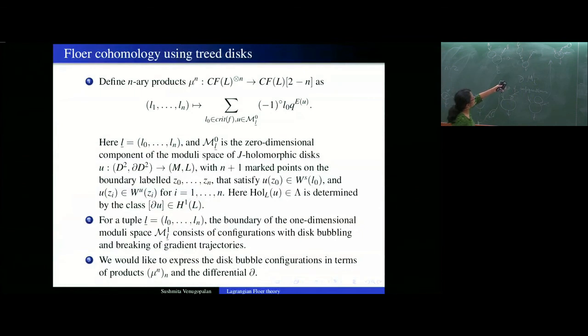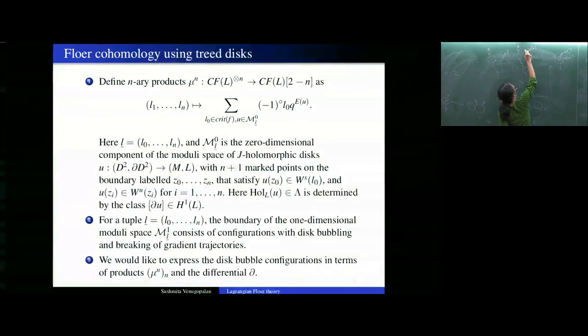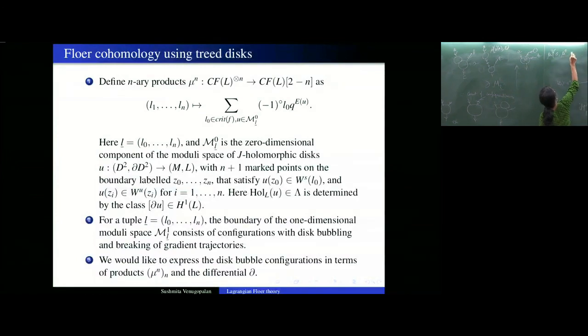Because this can be written as something that gets counted when you are counting mu1 of A. Similarly, this gets counted when you're counting the others.